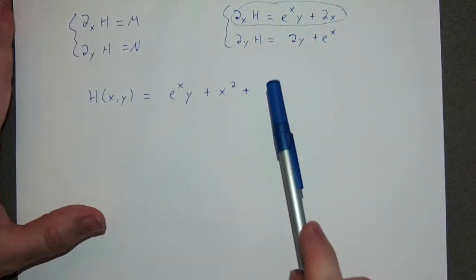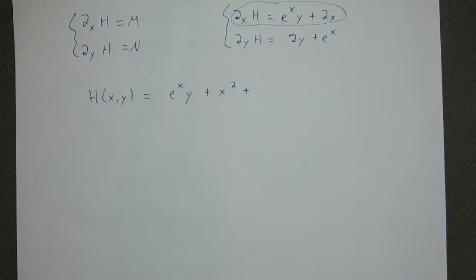Now, before I write out this constant, let's think about what an integration constant is saying. When you are computing an antiderivative for a function of a single variable, including the constant is a way of saying, for instance, the integral of 2x is x squared plus c.